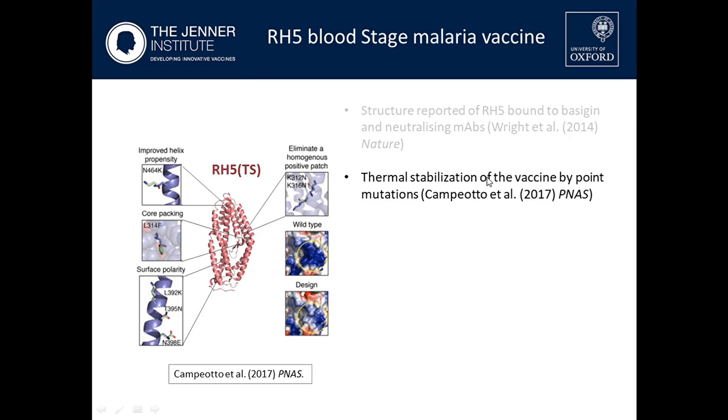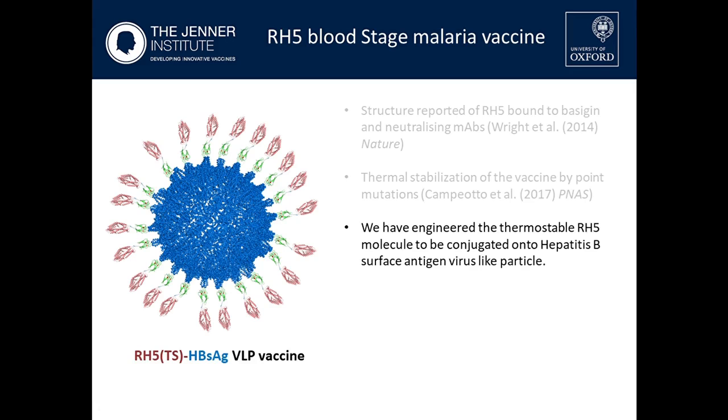Also, thermostabilization, introducing point mutations, produced a thermostable molecule, making it a better vaccine. We have also engineered this thermostable Rh5 molecule to conjugate it onto a hepatitis B surface antigen, forming a virus-like particle similar to the RTS,S vaccine.